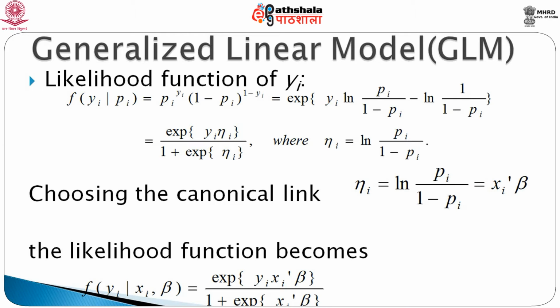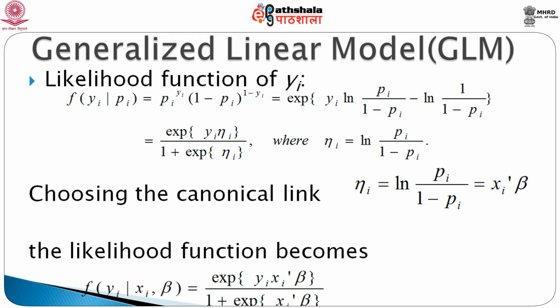So, this is how the logistic function serves as a canonical link function in the binary setup. If you choose eta i, this logit function log of pi over (1 minus pi), to be expressed as xi dash beta, then the likelihood function is e to the power (yi xi dash beta) over (1 plus e to the power xi dash beta).